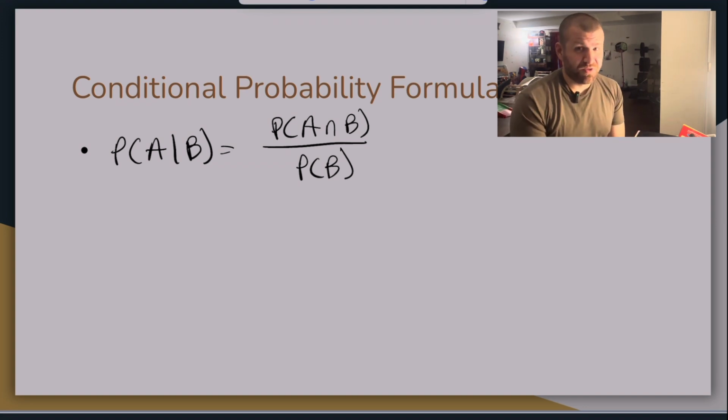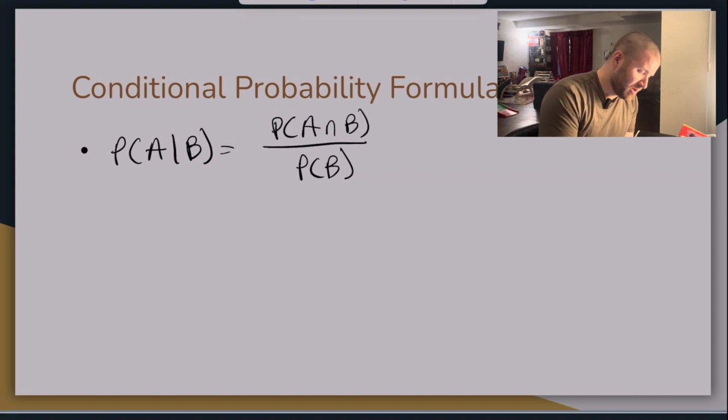That formula is on your formula sheet. What's not on your formula sheet is actually the formula for AND, because what they figure is that you can derive the formula for AND by multiplying both sides by the denominator here. But one thing I want to highlight is that in these scenarios, you always divide by what you're given.